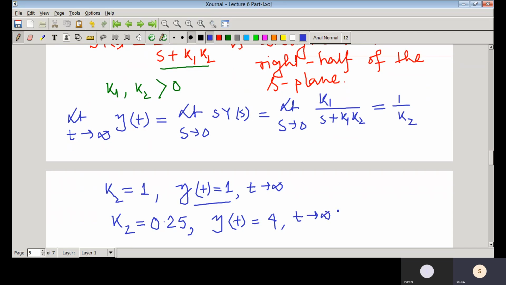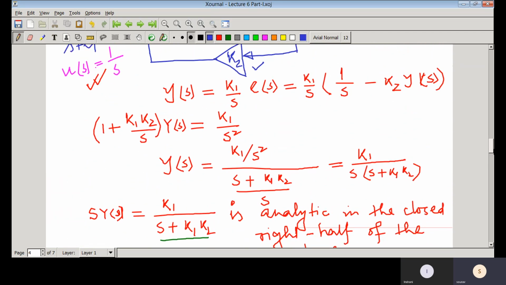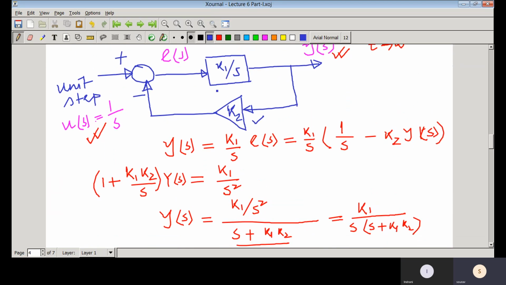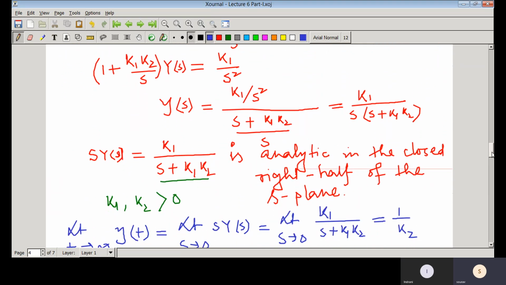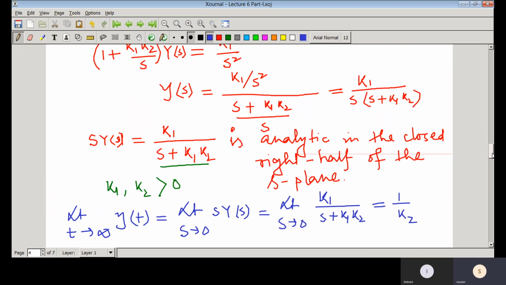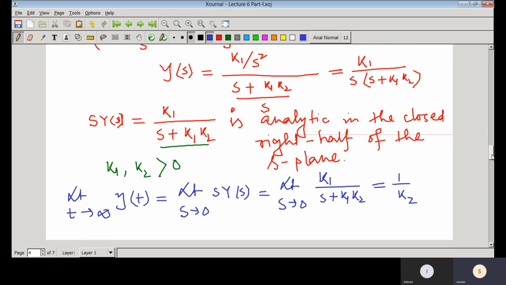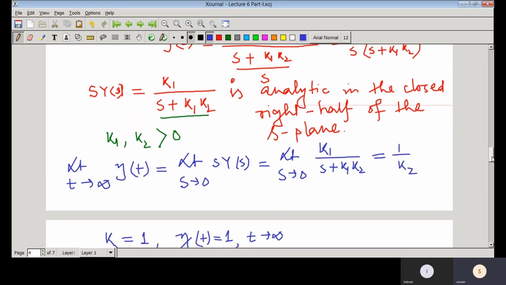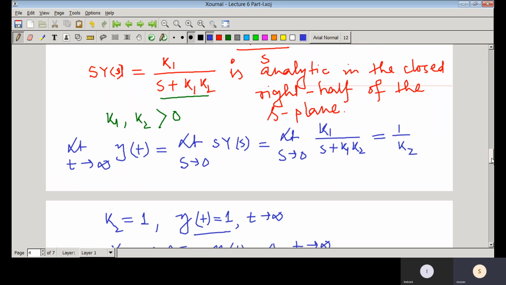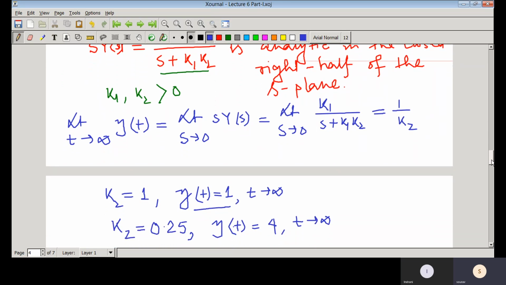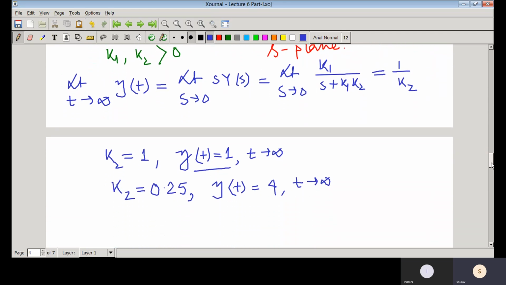From this particular example you have learned two things. One is the effect of K1 and K2, that means the effect of feedback in a closed loop control system. The second is how to find the steady state value of the control variable when t tends to infinity just by applying the final value theorem.